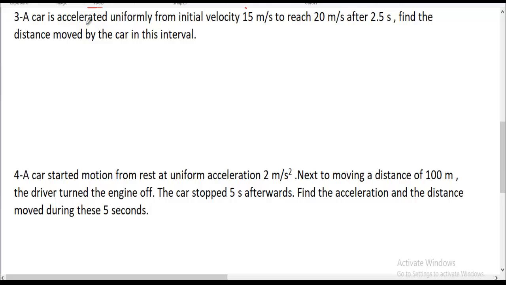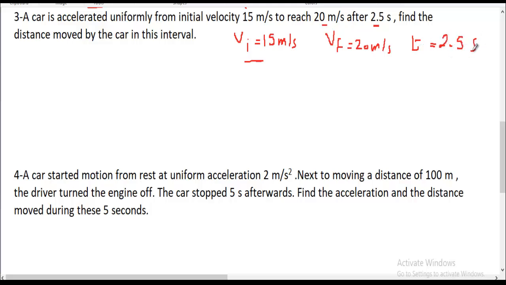A car is accelerated uniformly from an initial velocity of 15 meters per second to reach 20 meters per second, so this is the final velocity, within 2.5 seconds, so this is the time, 2.5 seconds.